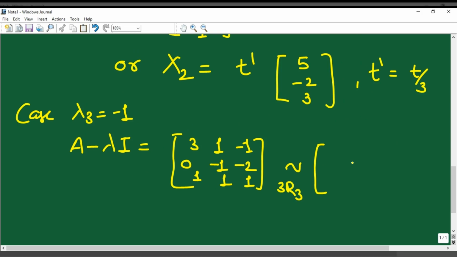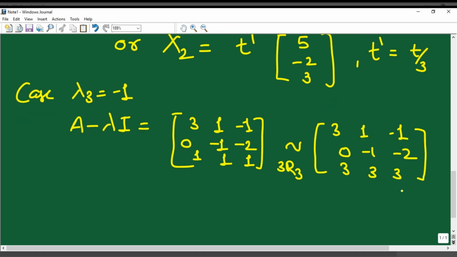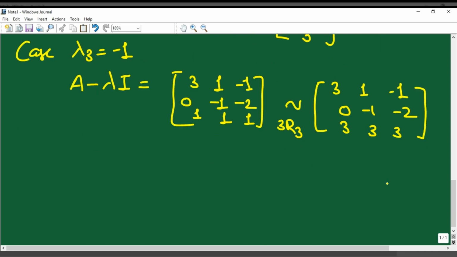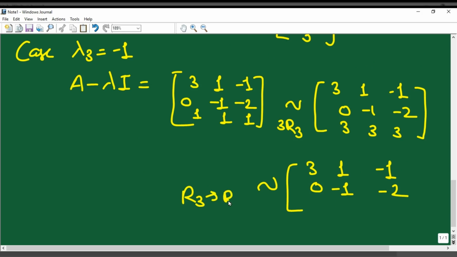Instead of interchanging rows, we can do this also. So further, 3, 1, minus 1; 0, minus 1, minus 2; and R3 goes to R3 minus R1, so here 0, 2, 4.